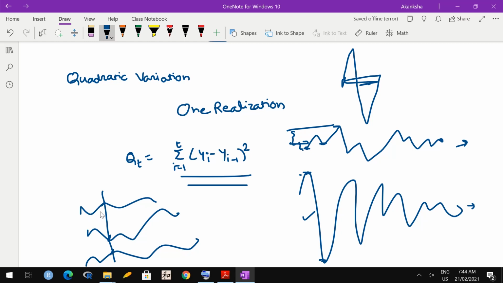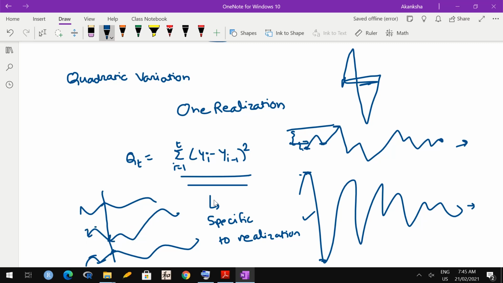Quadratic variation takes every realization and computes the value. As a result, quadratic variation is specific to a realization. So if the realization changes, it may change. Here it may be something, here it may be something else, and so on.